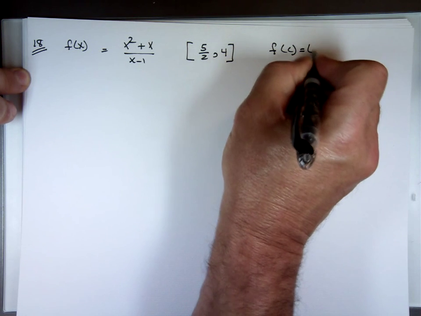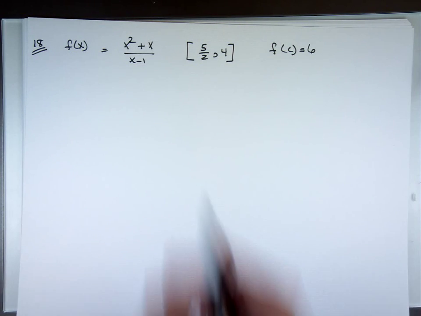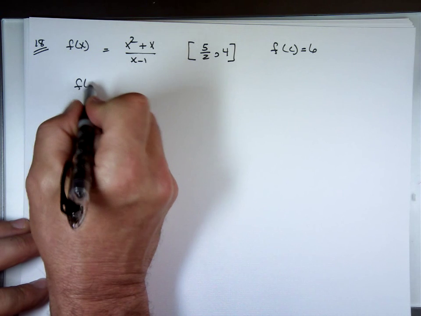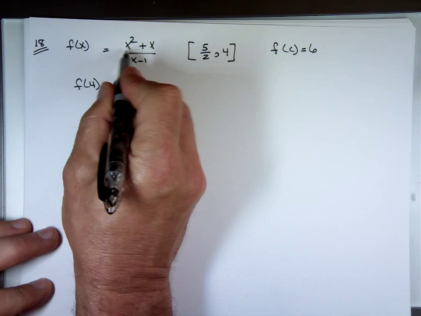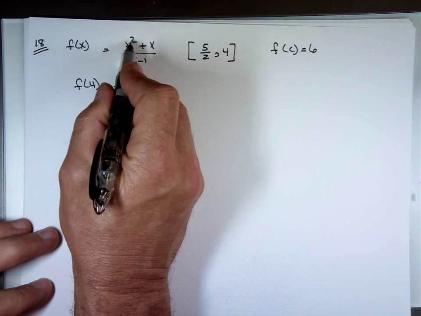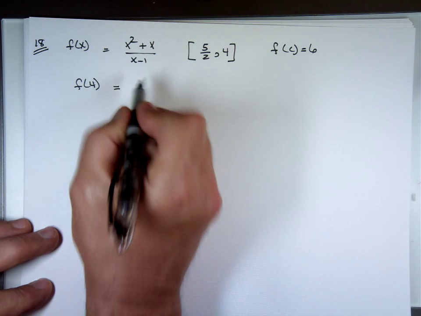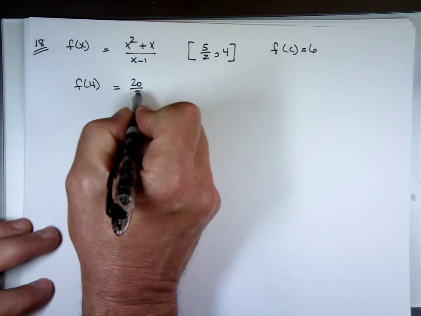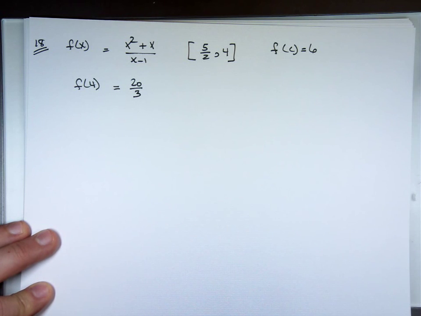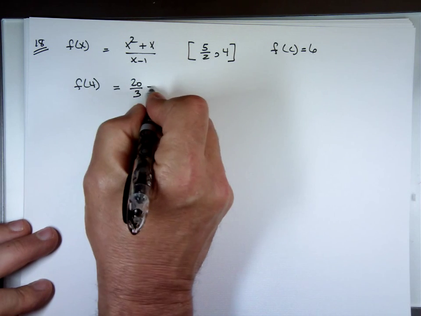Because if you take the 4, what's f of 4? F of 4 is what? That's 16. Plus 4, isn't that 20? Over 3. What's 20 over 3? Is that 6.667?